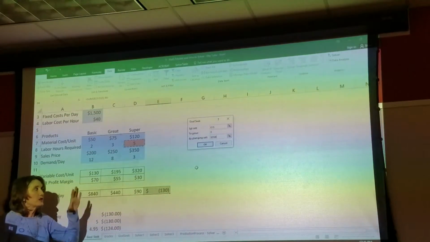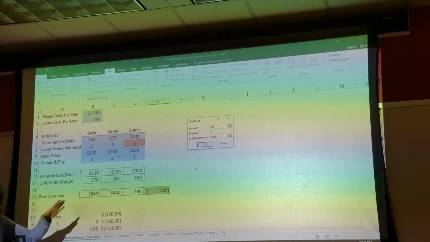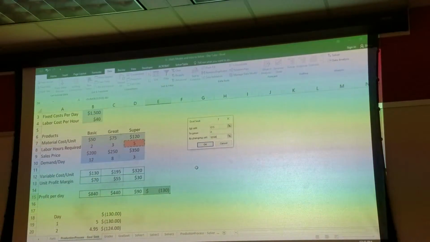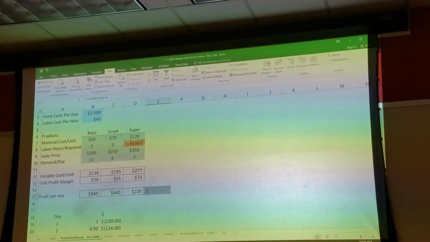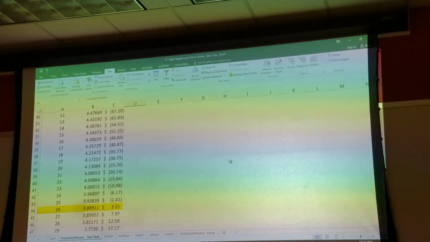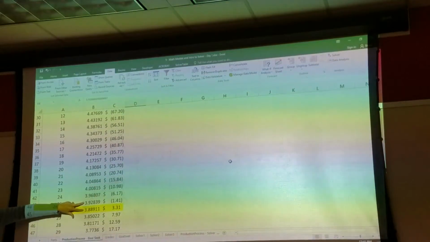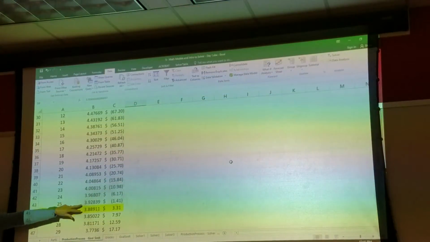Okay, so I just turned it into a simple goal seek, break-even analysis, and that number shouldn't surprise me at all, but that's the actual break-even number. We need to get them to where they're 3.91, probably 6.6 repeating forever. Okay, that shouldn't shock us at all. We already knew it was somewhere in between 3.92 and 3.88.